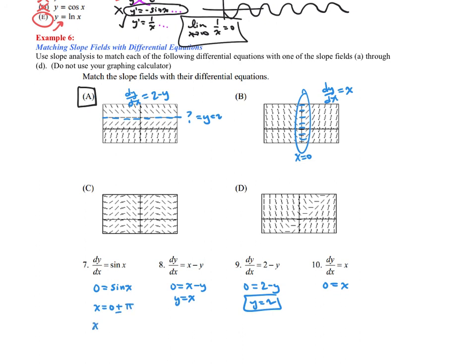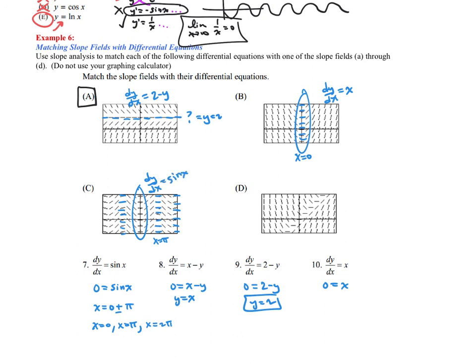So that would be at x equals 0, at x equals pi, at x equals 2 pi, and so on. Well, I see x equals 0 here. This is kind of weird and goofy, but this would be x equals pi, and we would see that pattern continue every pi units in both directions. That's cool. This slope field represents dy/dx equals sine x.